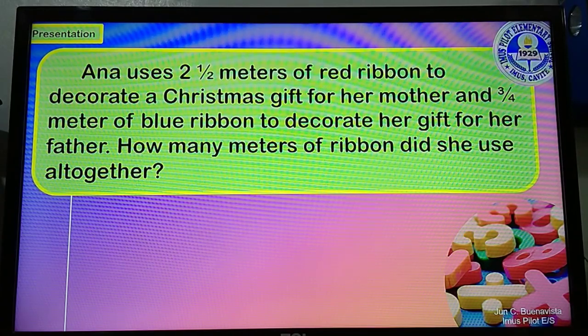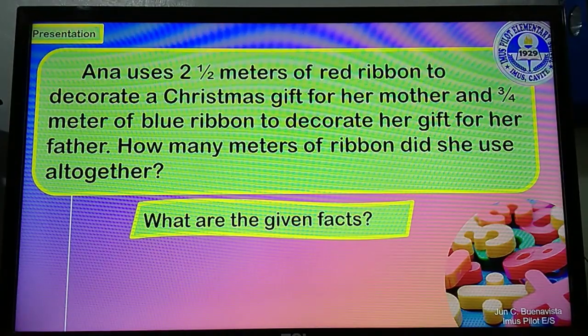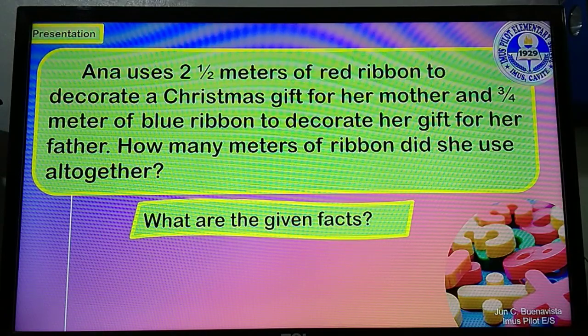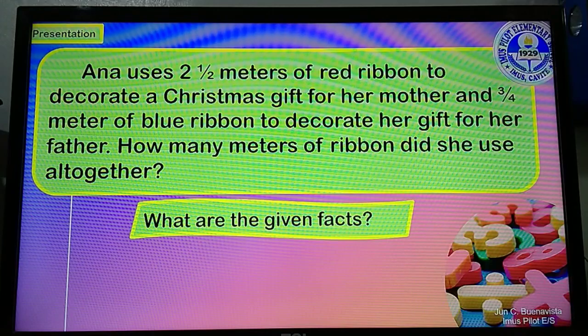So we are going to analyze this problem. What are the given facts in this problem? The given facts are 2 1/2 meters and 3/4. We call this a routine problem because we always solve a problem like this, very basic.